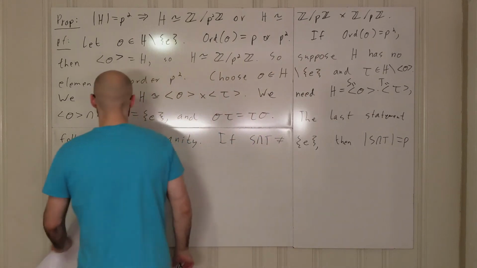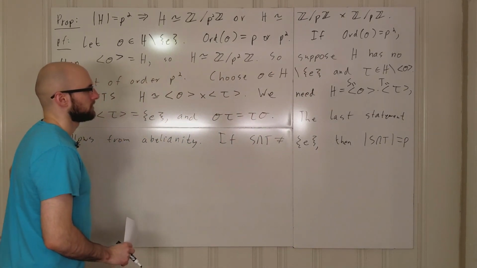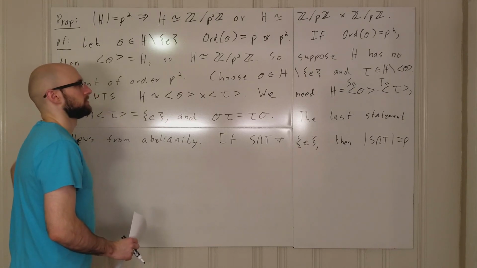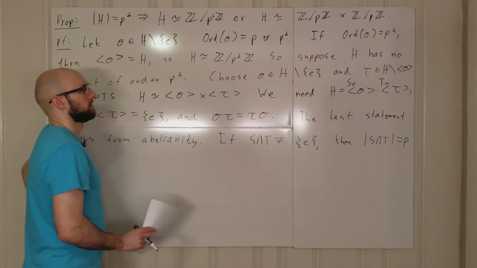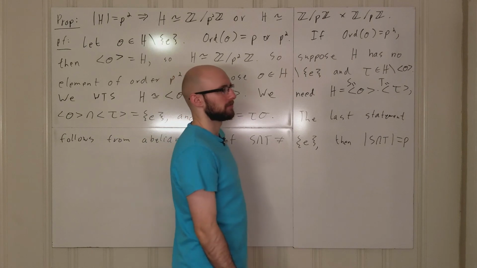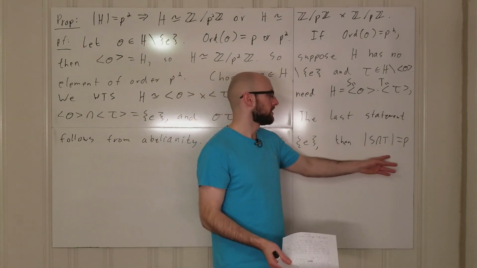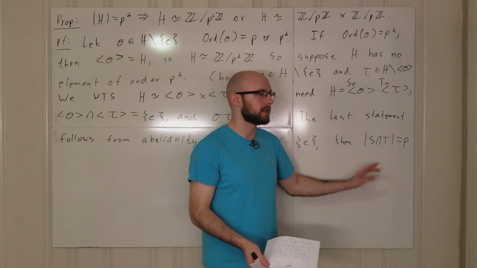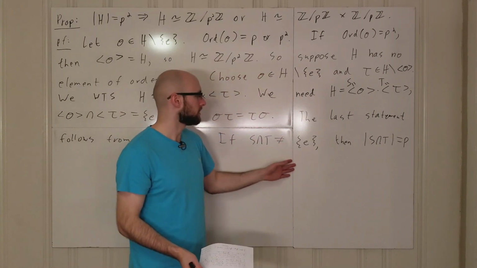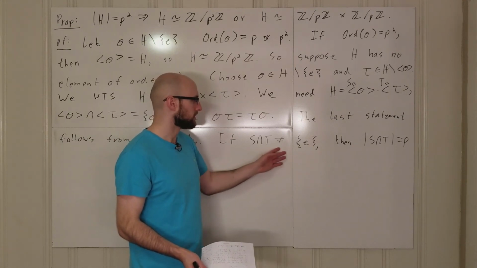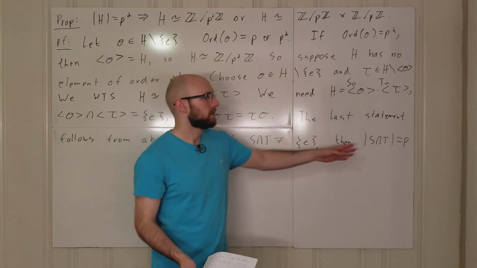Because it's a subgroup of S and it's a subgroup of T, so its order has to divide the order of S and it has to divide the order of T, but both of those are P, so its order has to divide P. So it's either 1 or P. If the order is not 1, which is the case when the intersection is not just the identity, then it must be P.